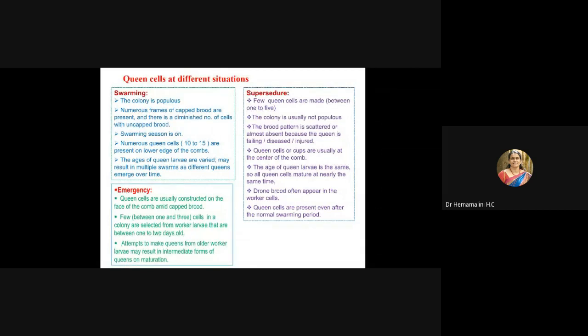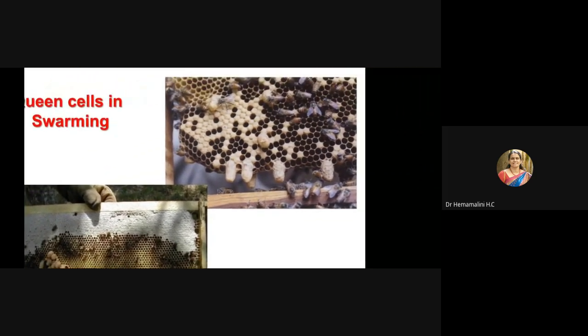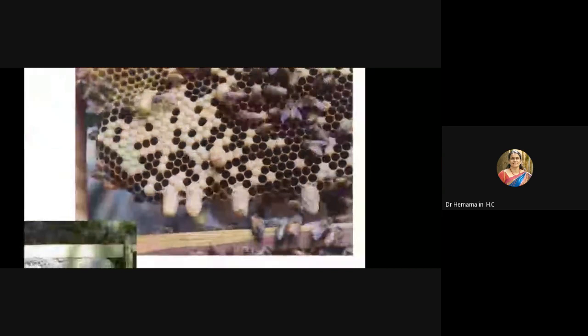At that time, worker bees decide to raise a new queen cell, a more efficient queen for the colony. Before swarming or during swarming, you can see more queen cells on the comb.